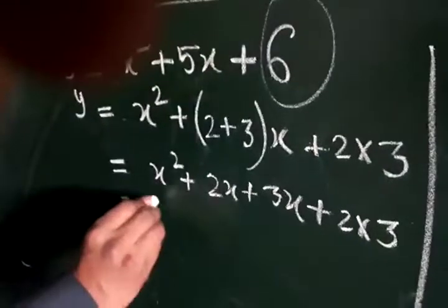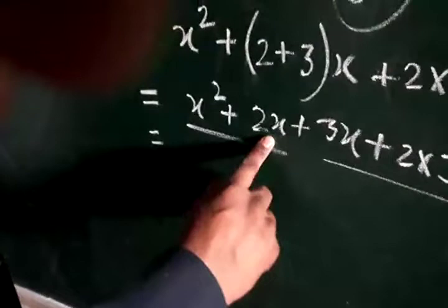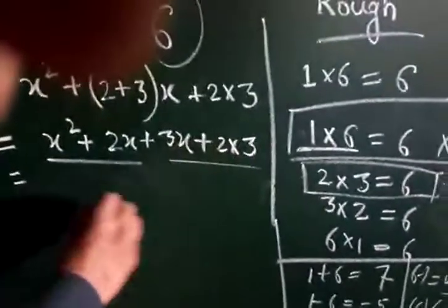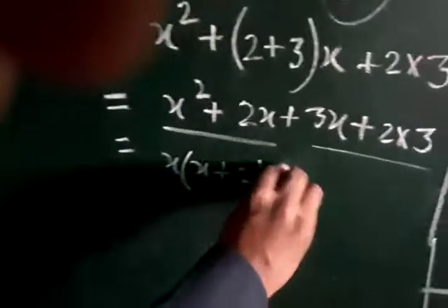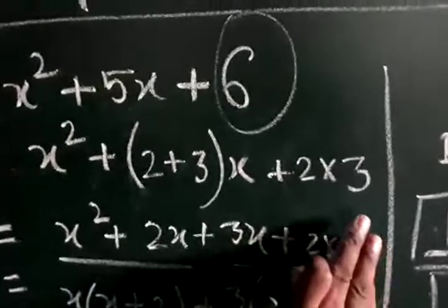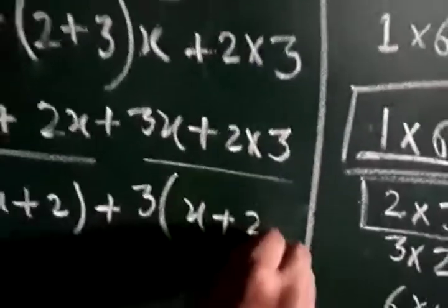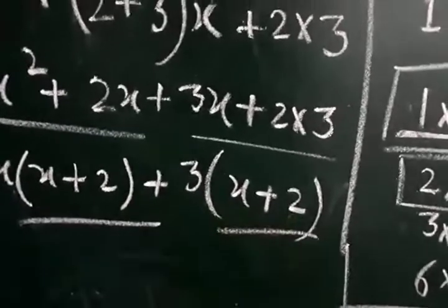So we will take common factors from these two terms. Here x and x are common, and here 2 and 3, 3 is common. So we take x as common, so we have x plus 2, and here we take 3 as common, so that gives us 3 times x plus 2. So you can see that x plus 2 is common.